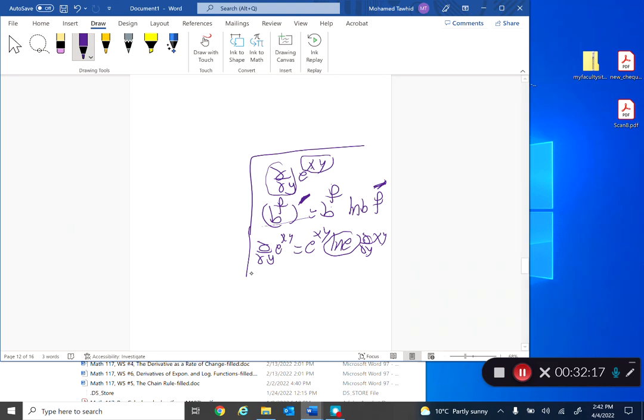So now let us finish this. ln e here is 1, and now I'm taking the derivative with respect to y. Consider x as a constant, so you grab x outside. So what do you have left inside? You have y with respect to y, which is 1. So what is the derivative of this? It will be x multiplied by e to the power xy.